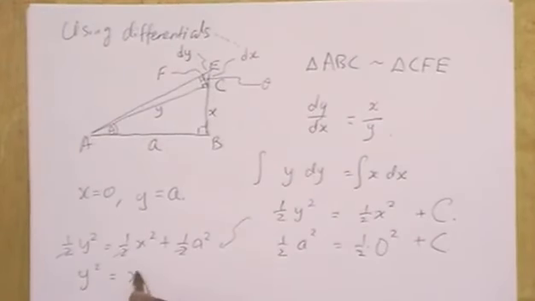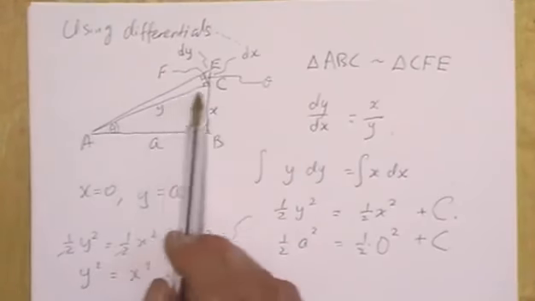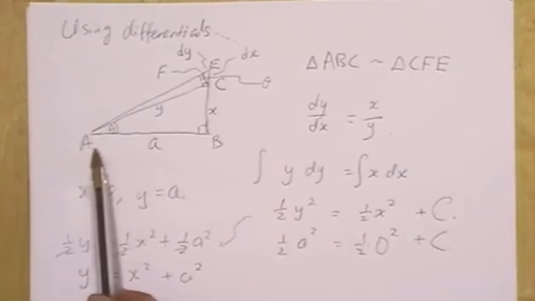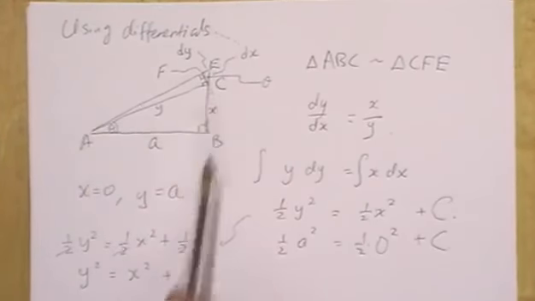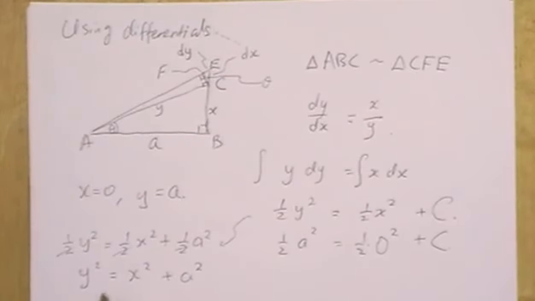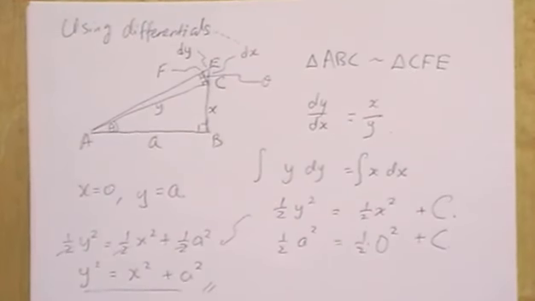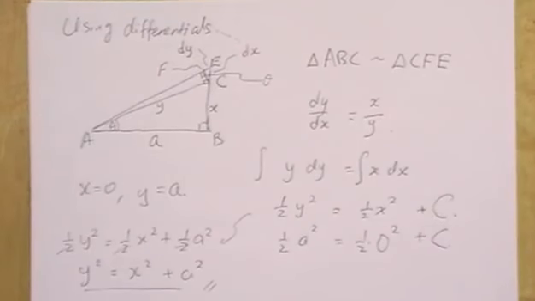And we are left with y squared equals x squared plus a squared. So that's y squared, that's the longest side. A and x are the two shortest sides. And therefore this is the Pythagoras theorem. So that's it. We'll stop here.